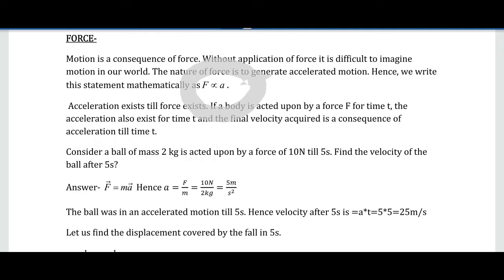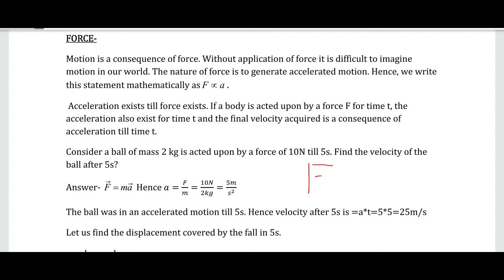You might be thinking now, what would have happened to a world where force would have created velocity? Let me write an equation on screen. Imagine a world where force is proportional to velocity. What would have happened in that type of world?